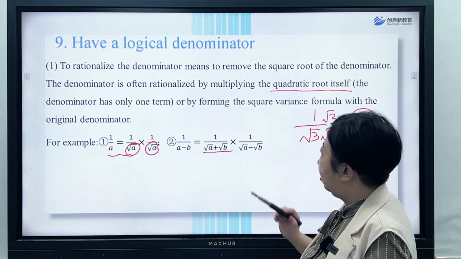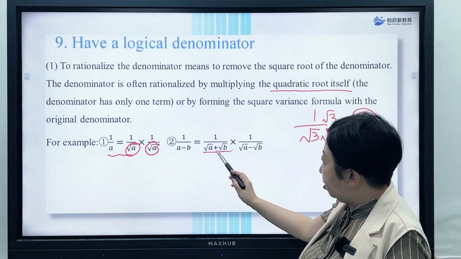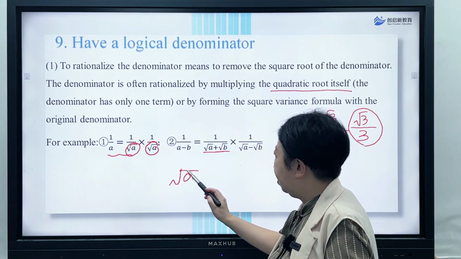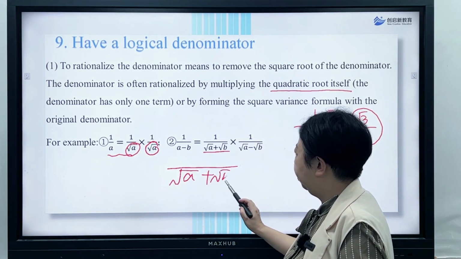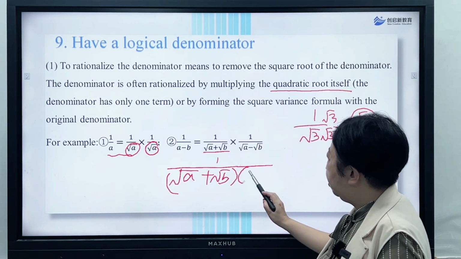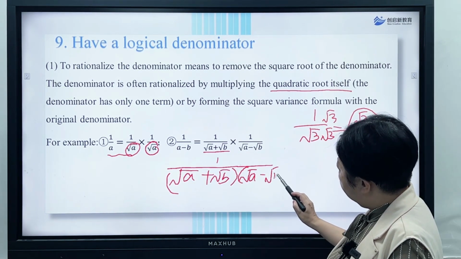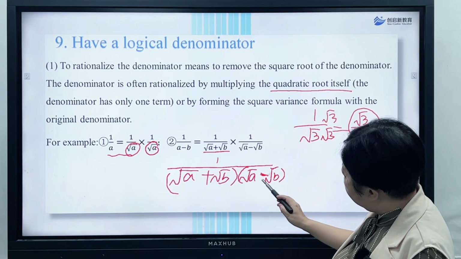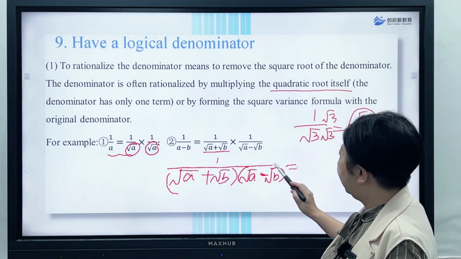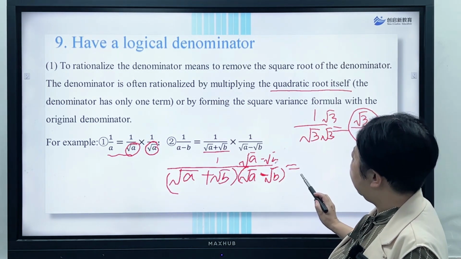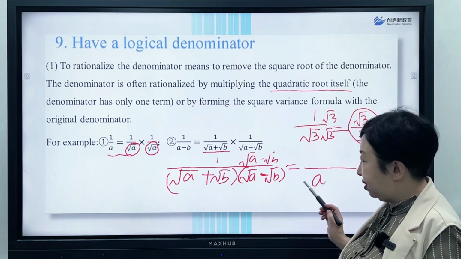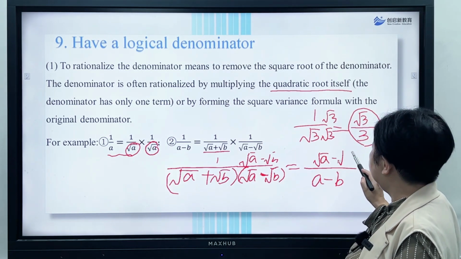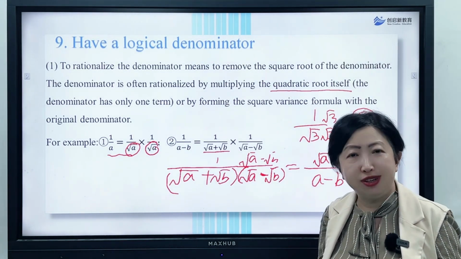But if the denominator is the root of a plus root of b, we can multiply by the root of a minus the root of b. Here, the denominator becomes a minus b.